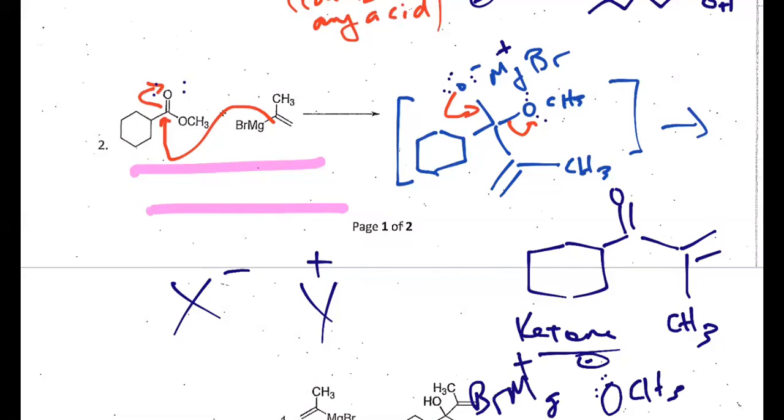Gotcha. Thank you. Especially when you get to the step where you get ready to quench it, because you're going to have to add some water. So you're going to have a really polar water layer and a slightly non-polar organic layer. So they will find each other.